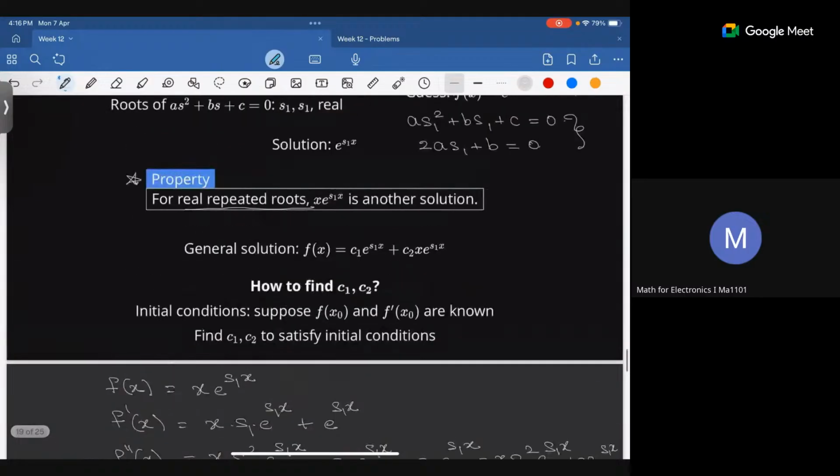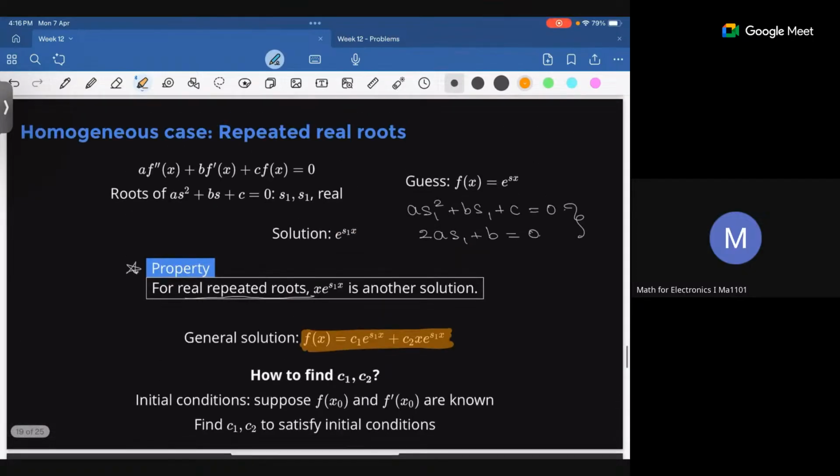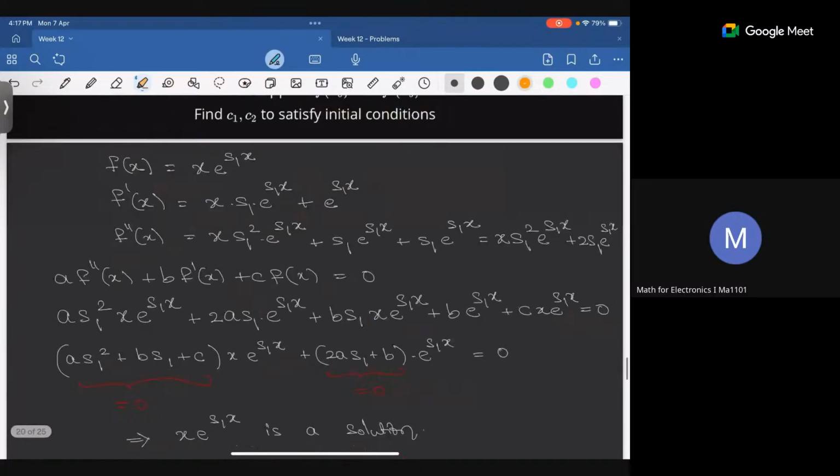Whereas if you have repeated real roots, the general solution will be C1 into e power S1x plus C2 into x into e power S1x. That is the difference. And how do I find C1 and C2 here? The same way, using the initial conditions.